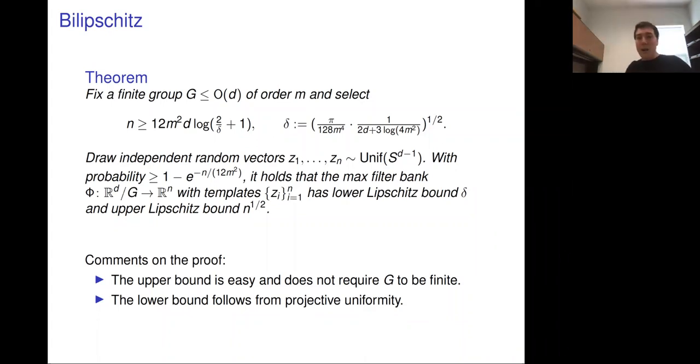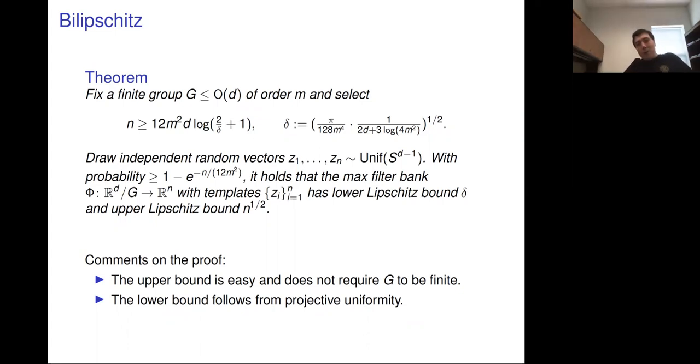So as far as we know, this is the first result of this kind at this level of generality that shows that you can always embed this space of orbits with a bilipschitz mapping into a Euclidean space.